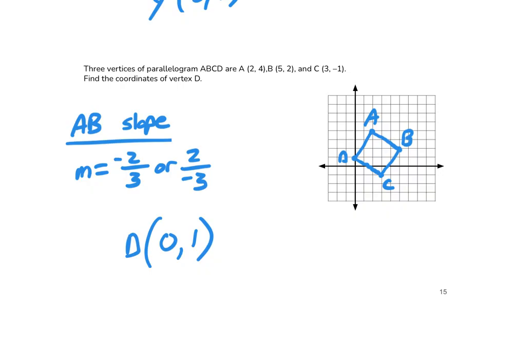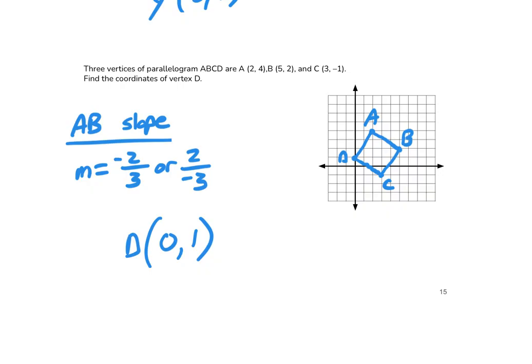A to B goes down 2 over 3. If I wanted to go D to A, I would go up 3 over 2. Here I would go up 3 over 2. Both sides are the same slope, right? Both sides are in the same relationship, same rise over run, opposite of one another. That's what makes it a parallelogram. Both pairs of opposite sides must be parallel to make this a parallelogram.